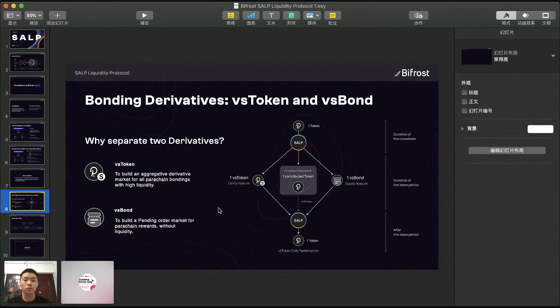If you want to withdraw your underlying Kusama at the end of the lease period, you need to use the VS token and VS bond together and burn them into the SLP, and you will get your underlying assets back one-to-one peg. So that's the whole procedure of how to generate the derivatives, how to use them, and how they are retired.